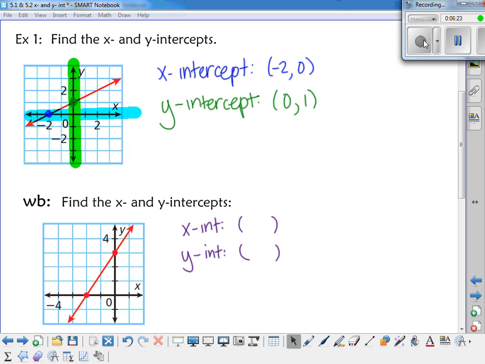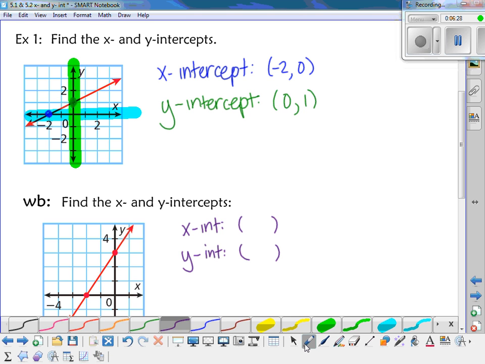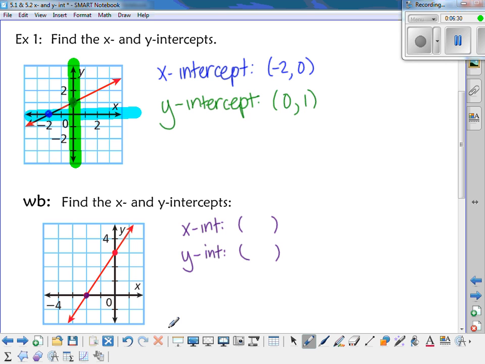Okay, so where is it crossing the x-axis? Down here at -2. So my x-intercept is at -2, 0. Then I look on the y-axis, it's up here at 3. X is 0 and y is 3.